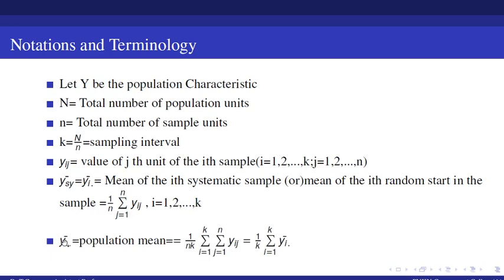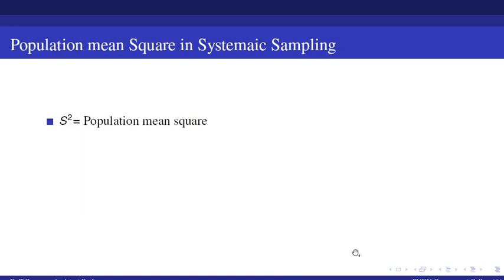Y bar double dot is equal to the population mean, which is 1 by nk into the summation i equal to 1 to k, j equal to 1 to n of yij, equal to 1 by k into the summation i equal to 1 to k of yi dot. Here the population mean square of systematic sampling is given by s square.